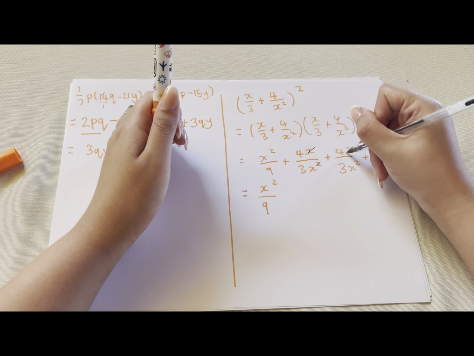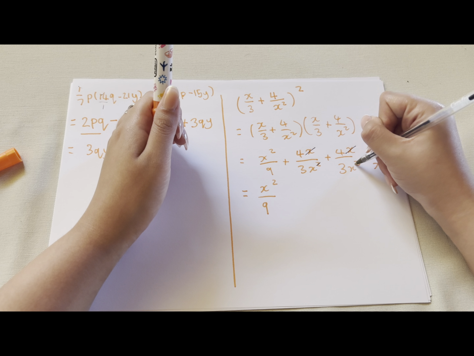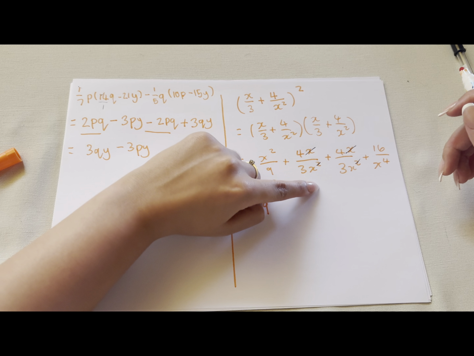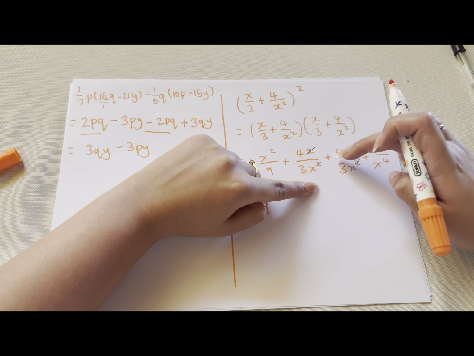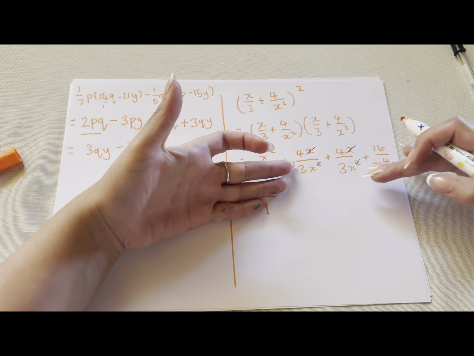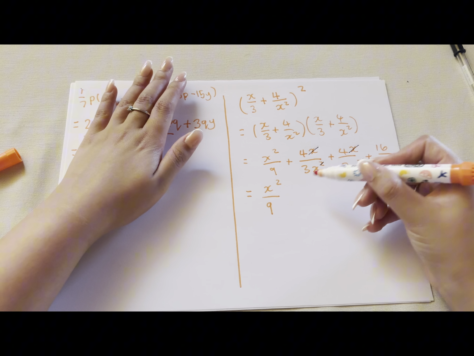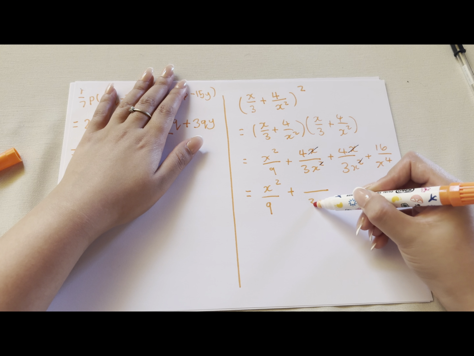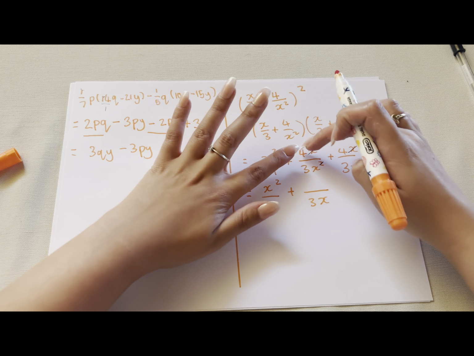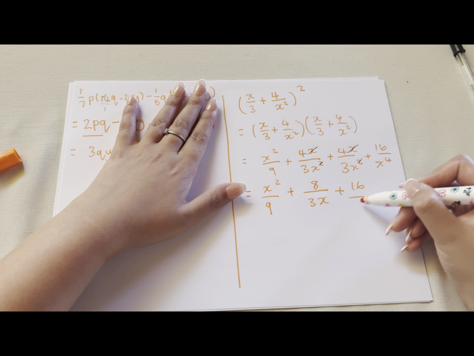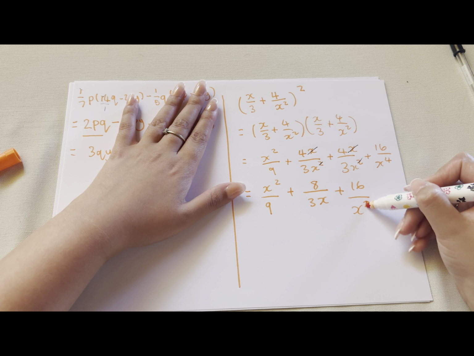If I remove an x accordingly at the top, I can remove an x at the bottom. So I've got 4 over 3x plus 4 over 3x. Because the denominators are already standardized in an LCD, a lowest common denominator, it stays as is. And then we add the numerators. 4 plus 4 is 8. And then over here, 16 over x to the 4, apologies.